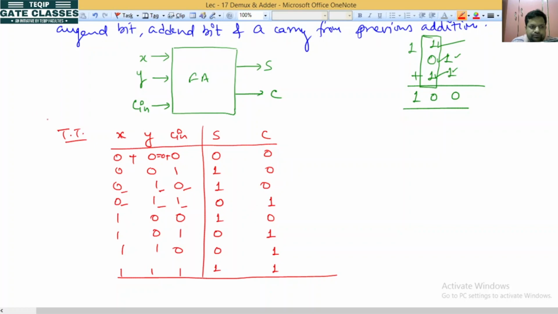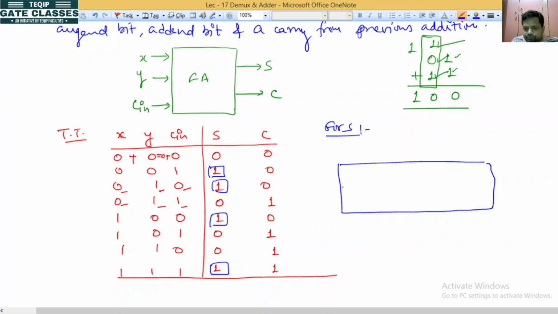Now we have to implement this function. So what we get from here, so for s we have 3 variable K-map. To simplify it, if you go to simplification, so it is x, y, c in, it will be 0, 1, 2, 3, 4, 5, 6, 7.